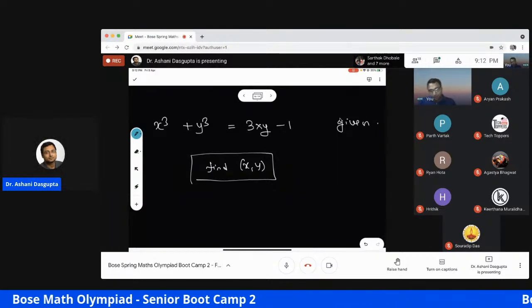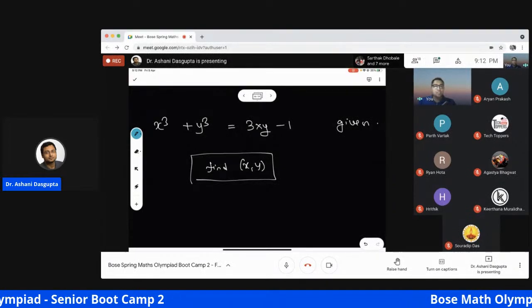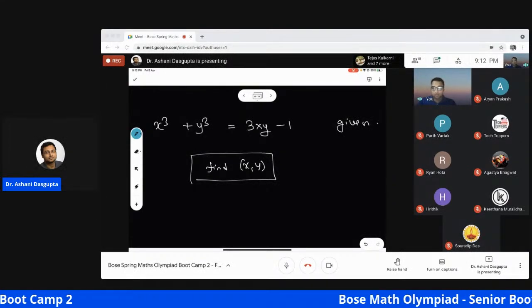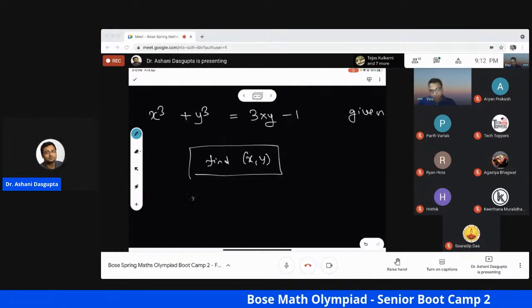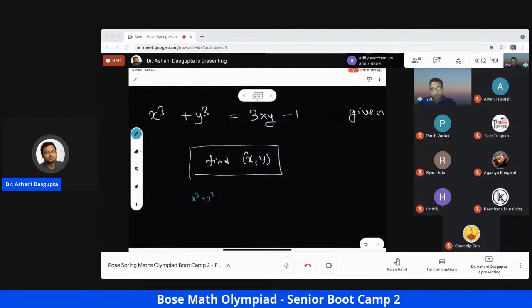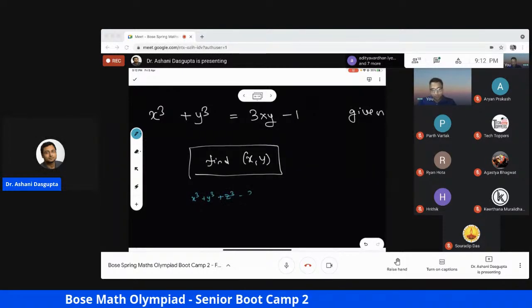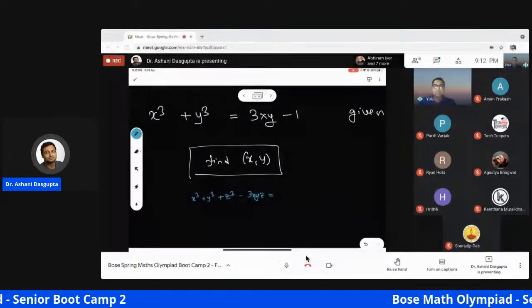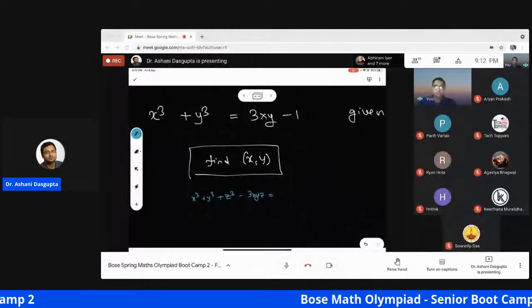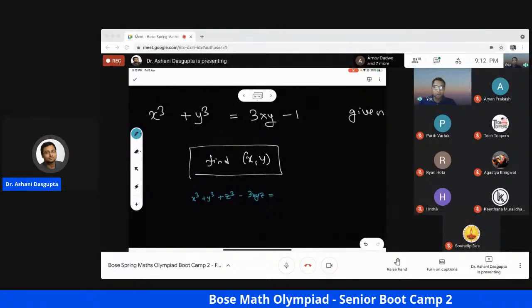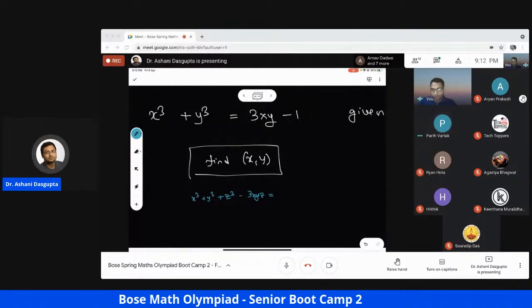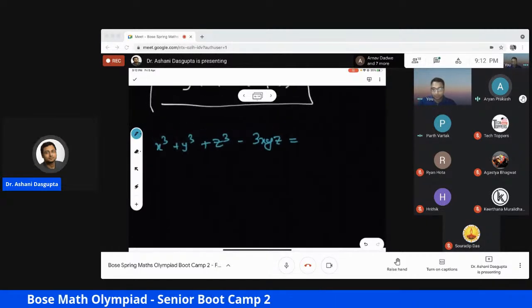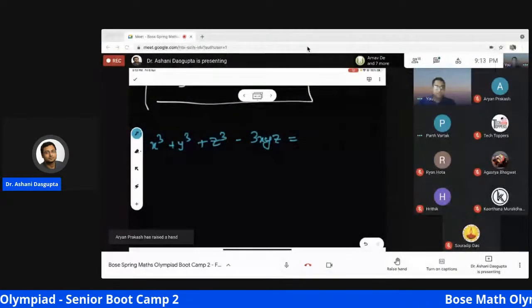So there is a very simple factorization which is quite useful. It is x cube plus y cube plus z cube minus 3xyz. Do you know how to factorize this thing? Any of you? How do you factorize this?